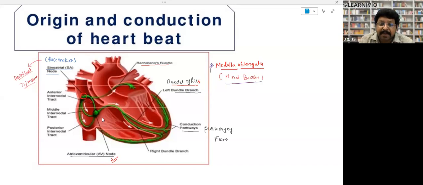It picks up the wave from the SA node and propagates it to the bundle of His.